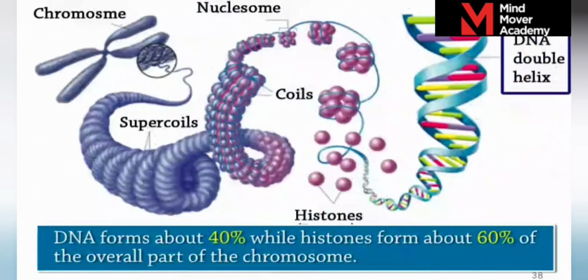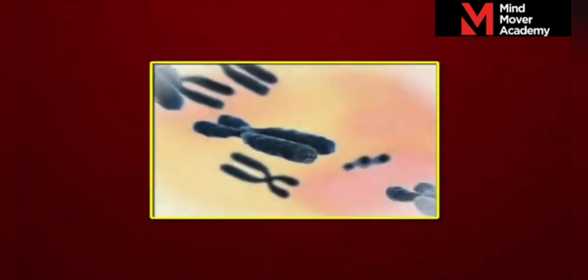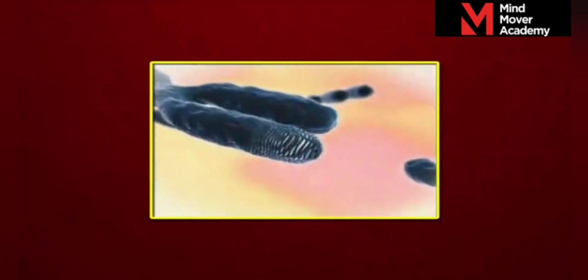DNA forms about 40%, while histones form about 60% of the overall part of the chromosome. DNA has negative charges along its length, while histones are positively charged basic protein molecules which are bound to it. This DNA-histone complex is called chromatin.